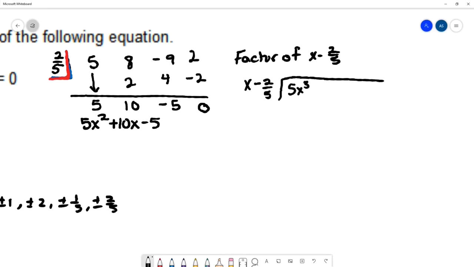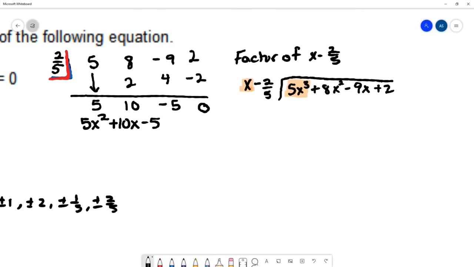So when you're doing long division, you're going to divide by x minus 2/5 into 5x cubed plus 8x squared minus 9x plus 2. So when you use long division instead of synthetic division, this is what it looks like. And you're going to start off trying to match this x with this 5x cubed.